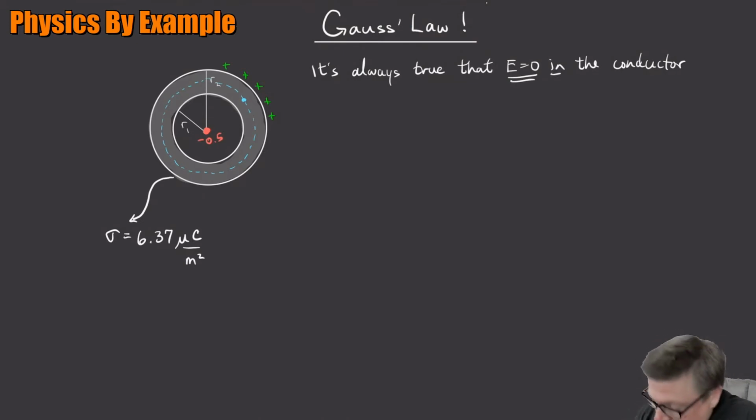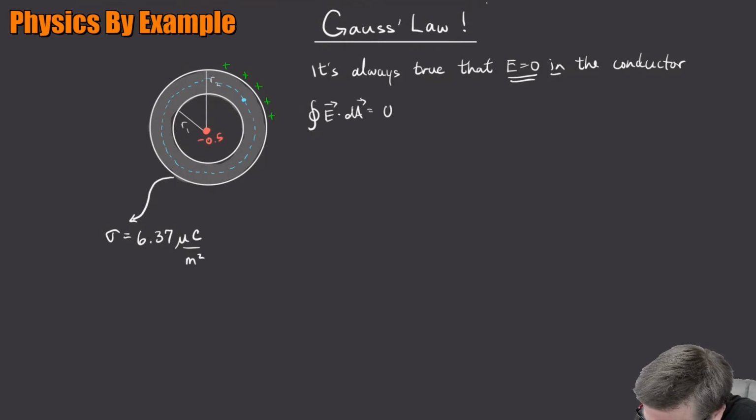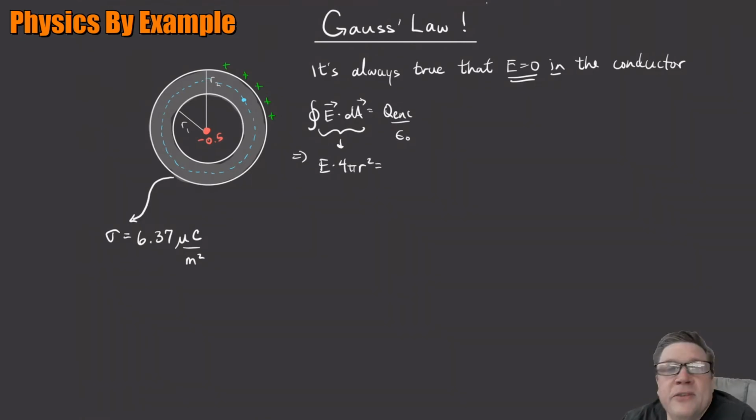What I know is that the integral of E dot dA, Gauss's law, is Q enclosed over epsilon naught. And so this leads to E times 4 pi R squared, because that's the surface area, equals Q enclosed over epsilon naught.